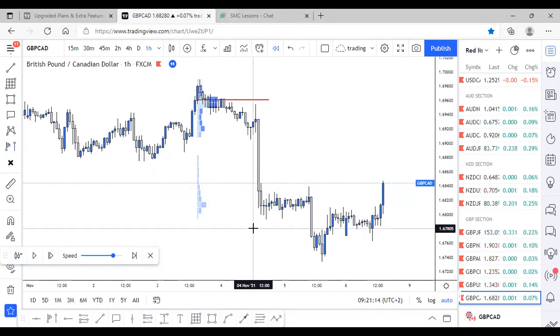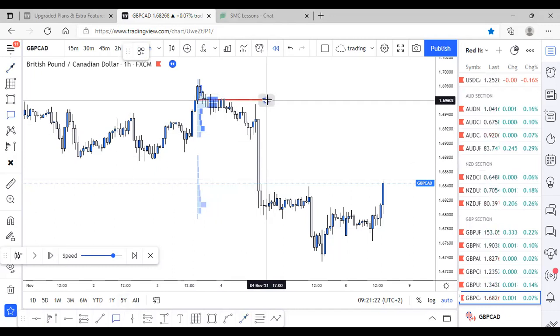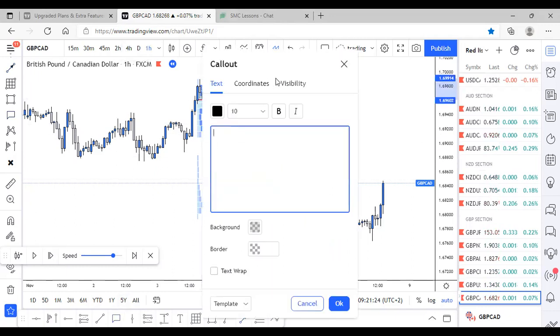So what's happening? So what do we have again? We have this thing here, this red line, which is POC. POC as in point of control, right?